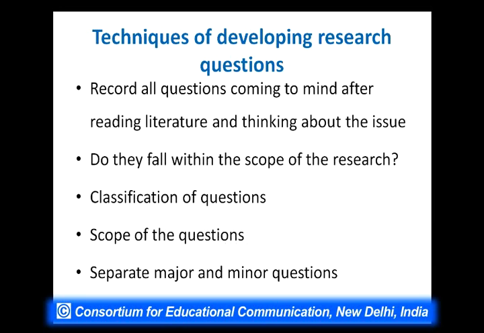So while reading the literature, while selecting our topic, we should record all possible questions that come to our mind. We should try to document all possible questions, and then see whether they fall within the research topic, and eliminate some of them.